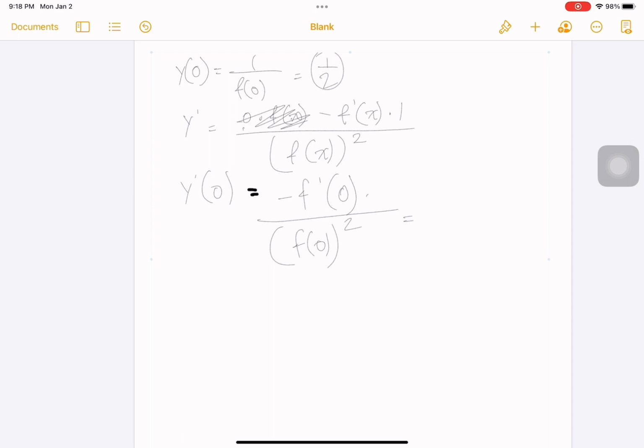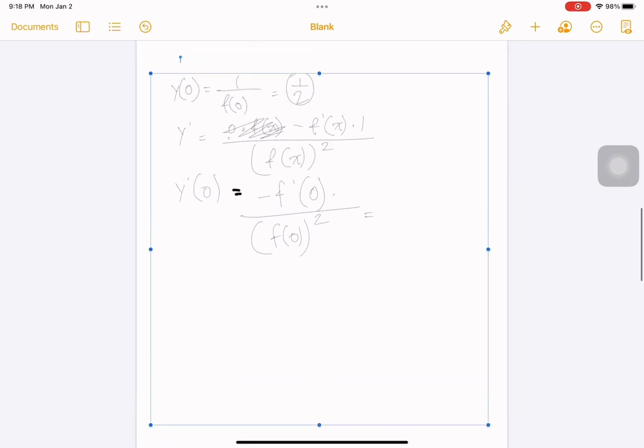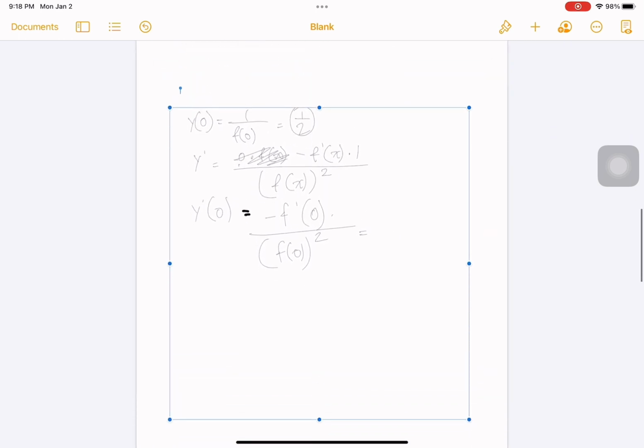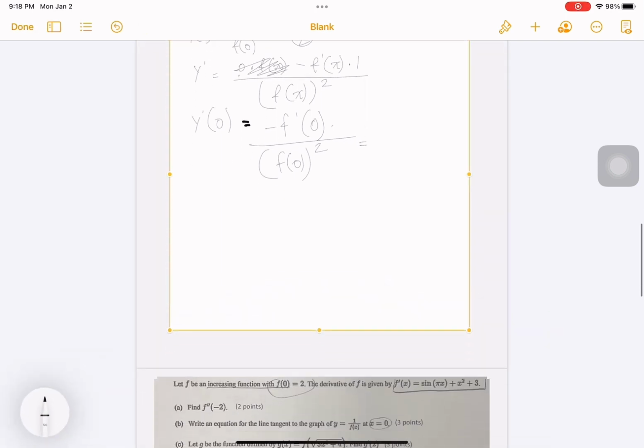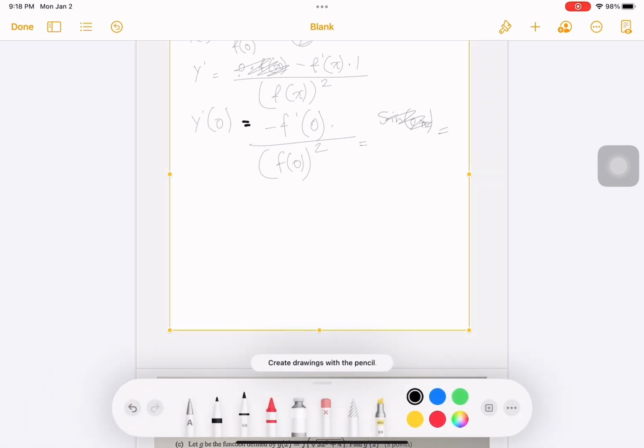So it's going to be sine of 0 pi plus 0 squared plus 3. So that's just equal to 3, because sine of 0 is just 0 and 0 squared is 0, plus 3, which is 3.